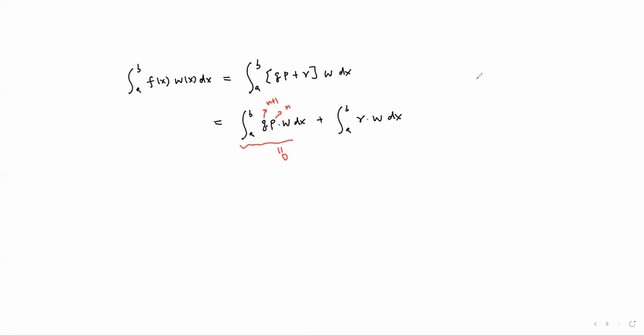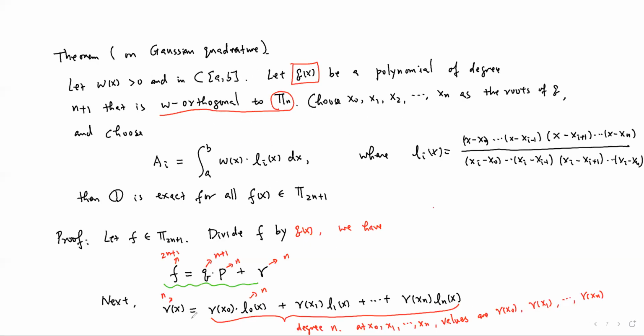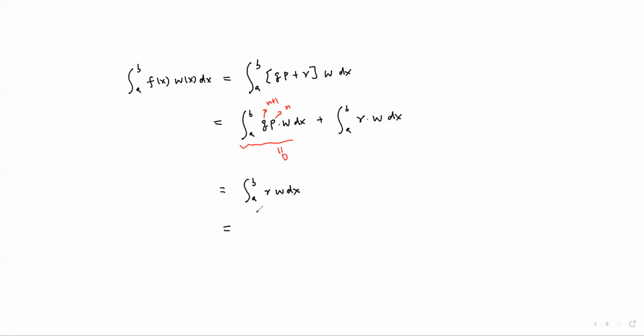So we have the integral of R w. Now plug in the Lagrange form: the integral of the summation from i equals 0 to n of R(x_i) l_i(x) times w.